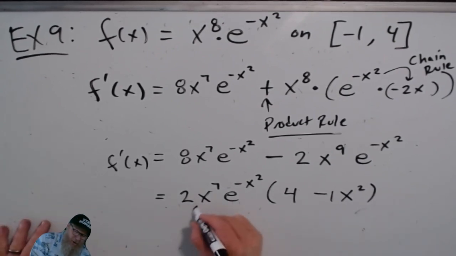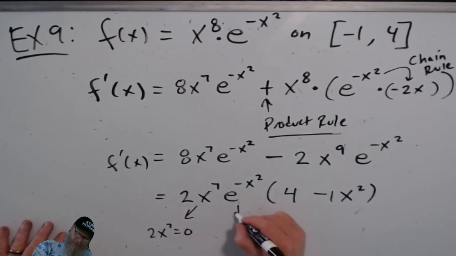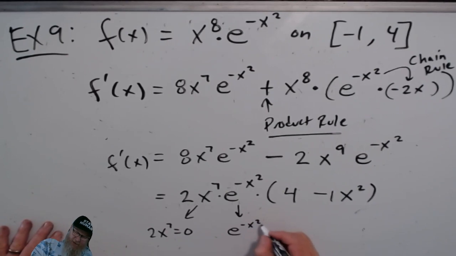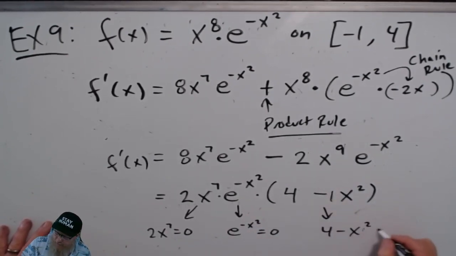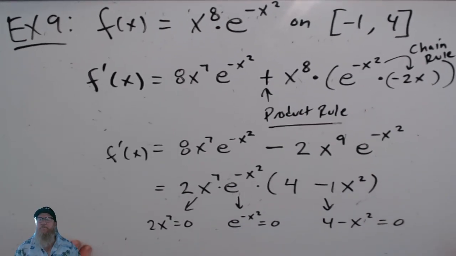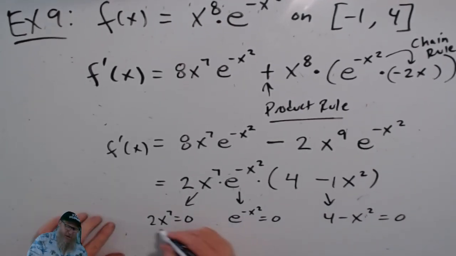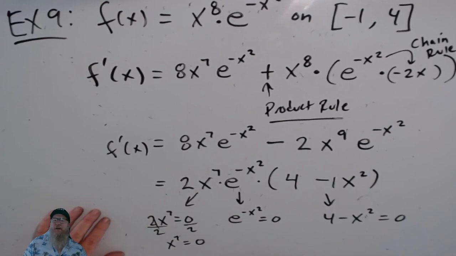All right, we're going to set all three of these to 0. 2x to the 7th equals 0. There's two products here. E to the negative x squared equals 0. And 4 minus x squared equals 0. This is probably the easiest one. Divide by 2. X to the 7th equals 0.